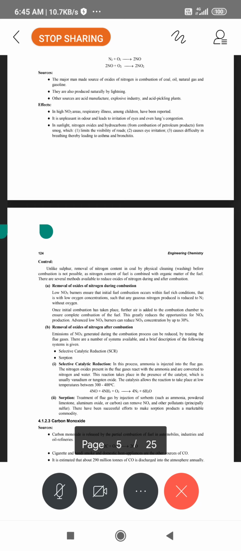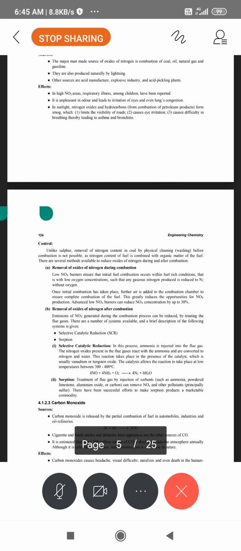It causes asthma also. Nitrogen dioxide is harmful and impairs all functions, whether heart function, kidney function, or any other organs of human beings and animals.